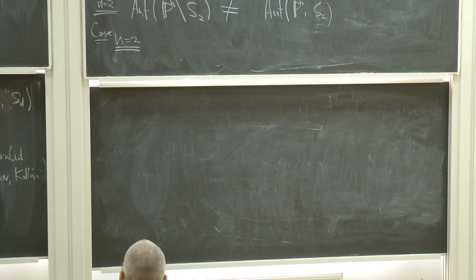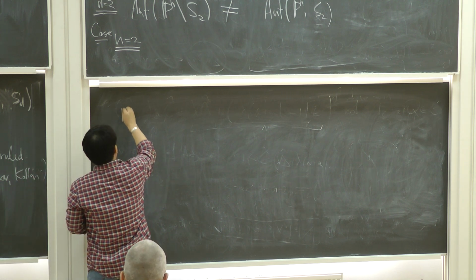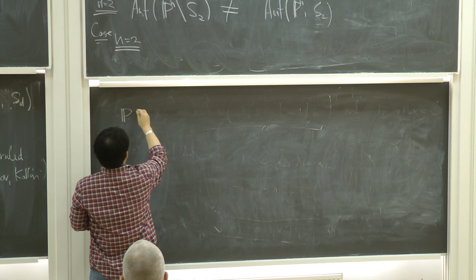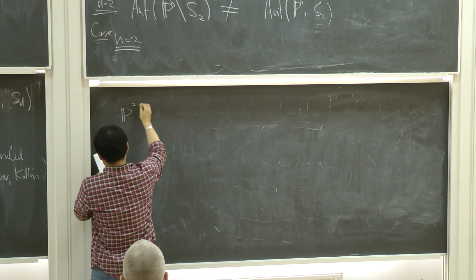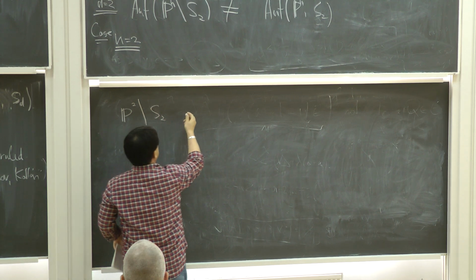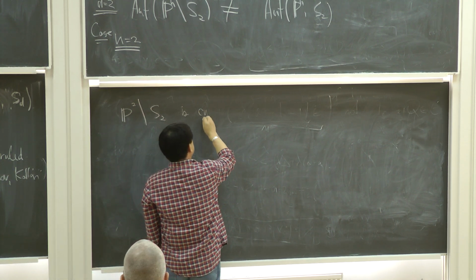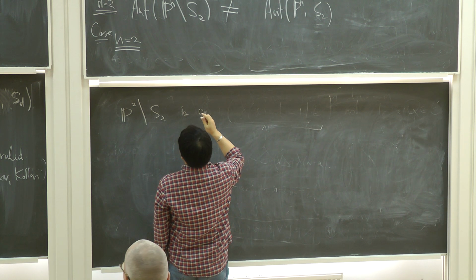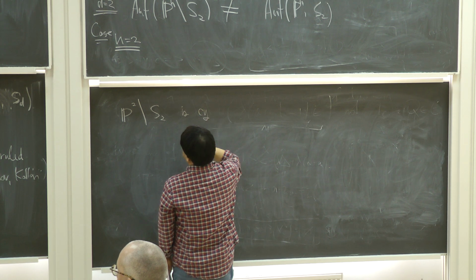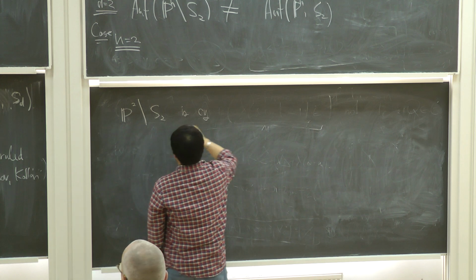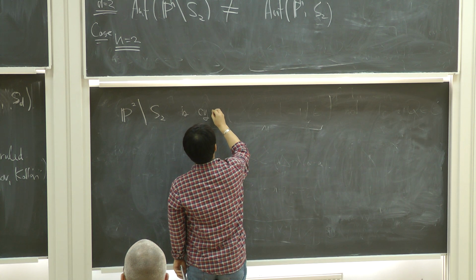All right, the reason is this. Let's say S2. The reason why these two groups are different is that this complement is cylindrical.